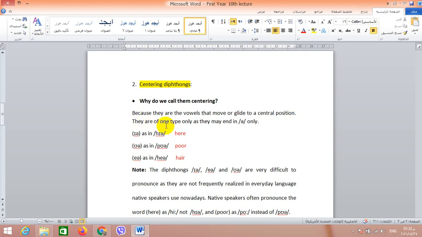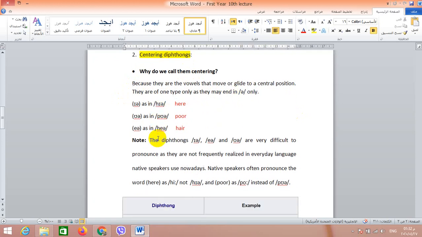They are of one type only, as they may end in schwa. So we have 3 centering diphthongs which end in schwa. These are ia, like here, ua, like pua, and aya, like haya.